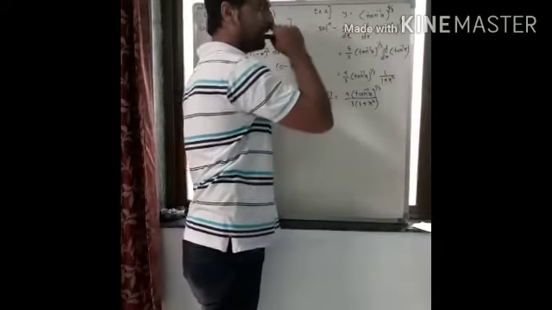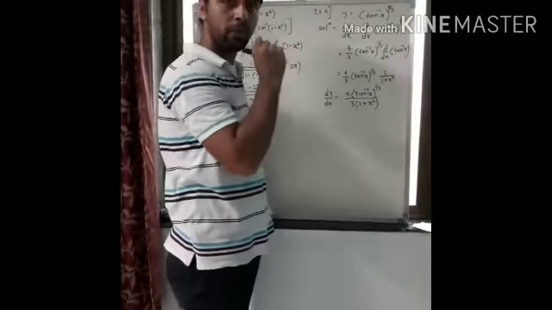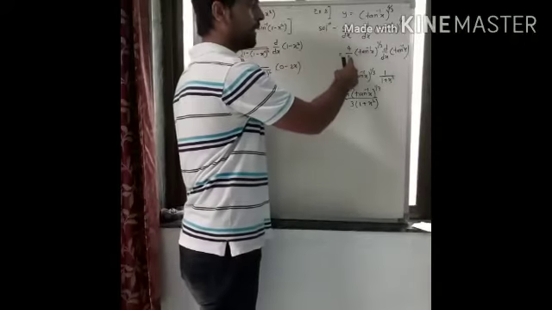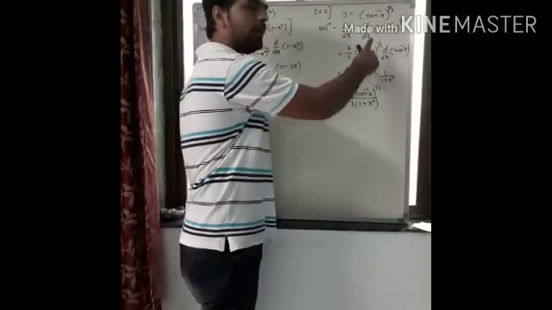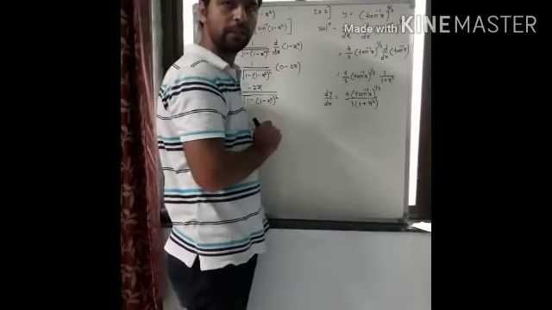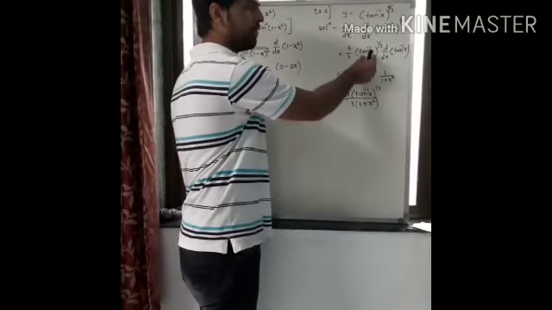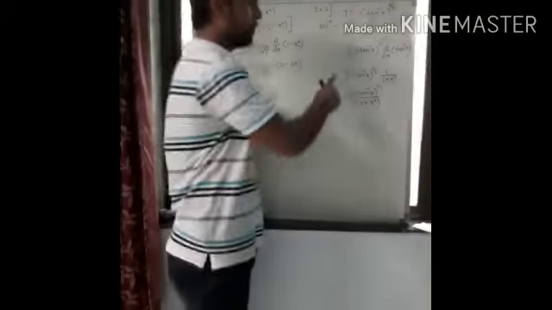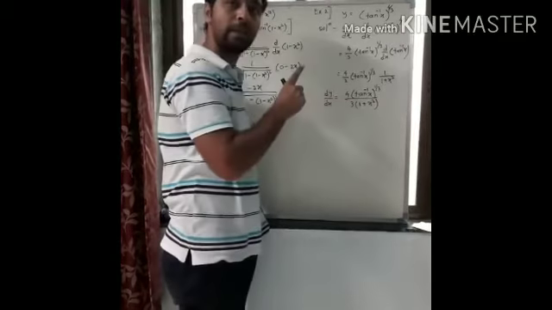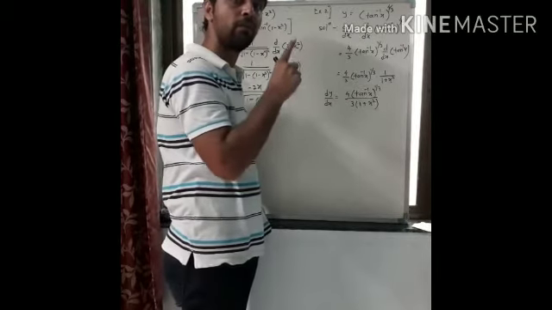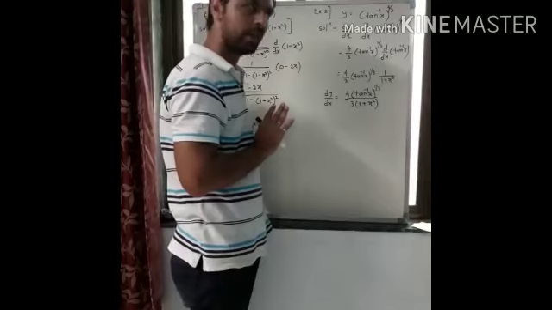How will you differentiate this tan inverse x to the power 4 by 3? This 4 by 3 will be written before tan inverse x, and we'll subtract 1 from the power 4 by 3, and the base, tan inverse x, stays as it is. So 4 by 3 tan inverse x to the power 1 by 3. We get 1 by 3 from subtracting 1 from 4 by 3, right?